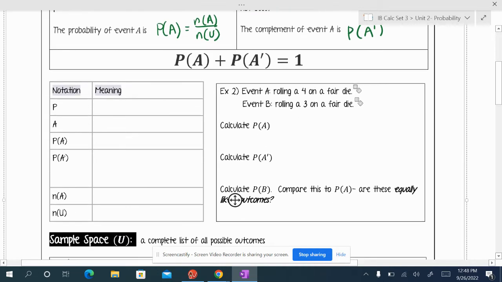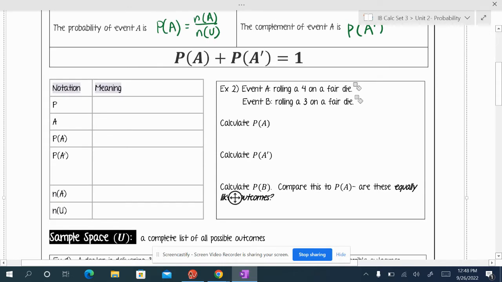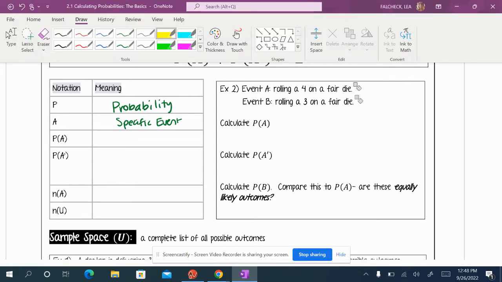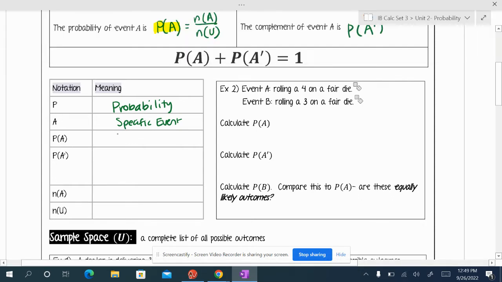So let's talk about some notation we're going to be using in this unit. P is probability. A is the specific event. So P is probability, A is the specific event, and then P of A is going to be the probability that A happens.